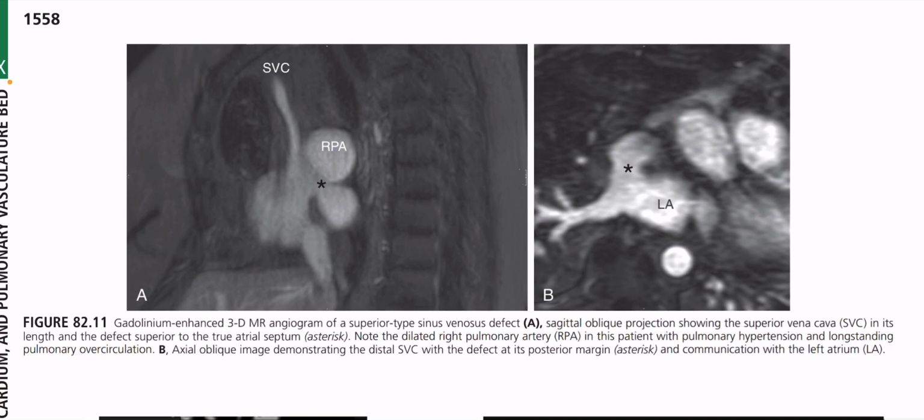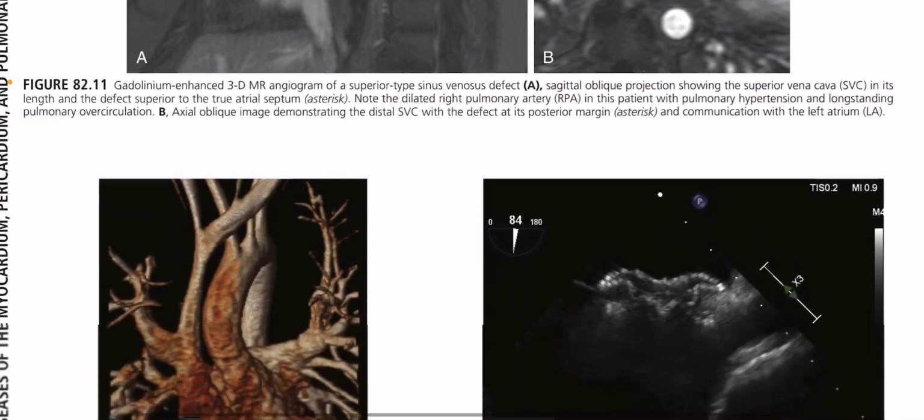Note the dilated right pulmonary artery, RPA, in this patient with pulmonary hypertension and long-standing pulmonary overcirculation. Figure B shows axial oblique image demonstrating the distal superior vena cava with the defect at its posterior margin, asterisk, and communication with the left atrium.